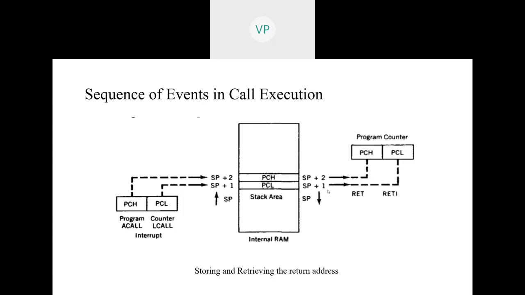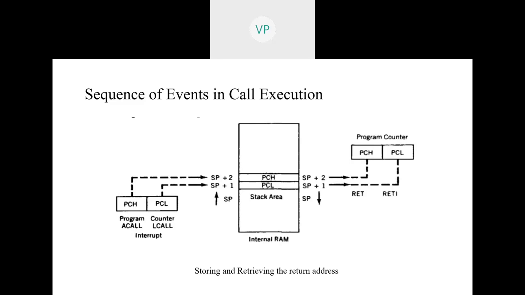It will read whatever content is in that memory location, and that will be copied into L, so that now the program counter has the address of the instruction to be executed. Now the processor knows the address of the instruction to be executed. That address is retrieved from the stack memory locations here, right?